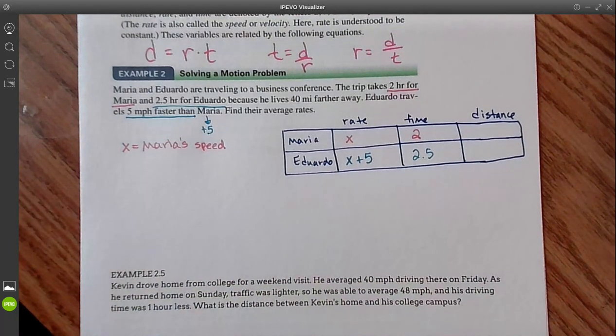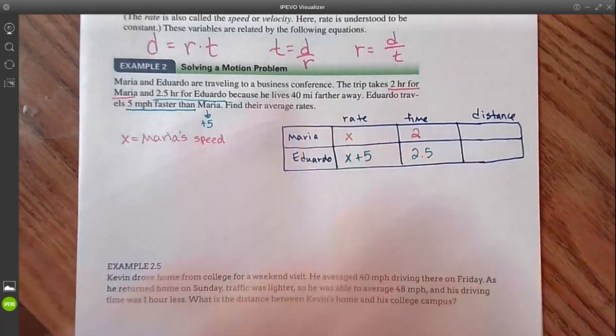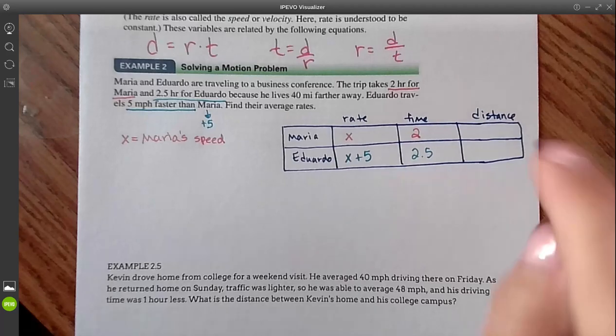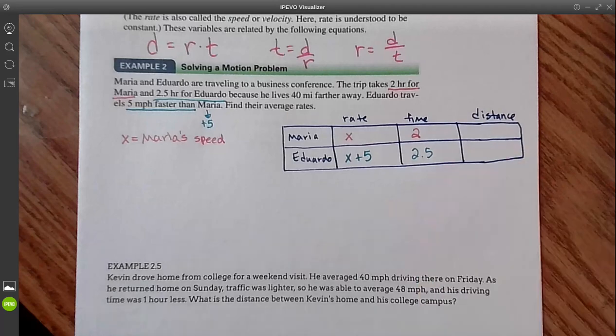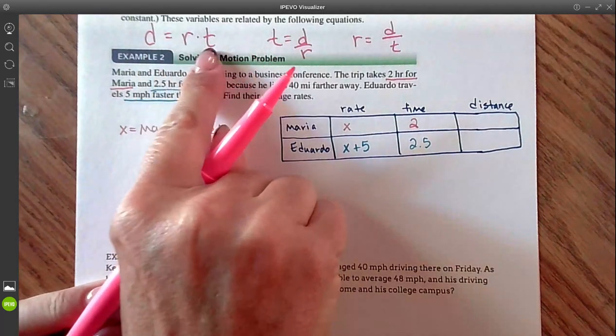Perfect. This 40 miles farther away, that is actually just distracting information. We're going to leave it for now, and we're going to fill in these distance columns here. And we're going to fill those in using the formulas. So since I'm needing the one for distance, I'm going to fill it in by doing rate times time.